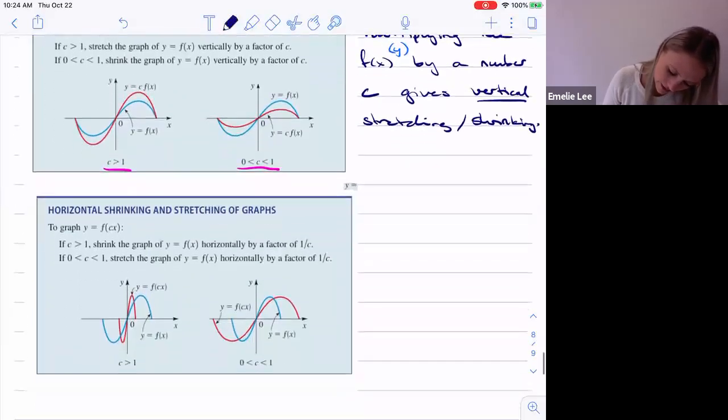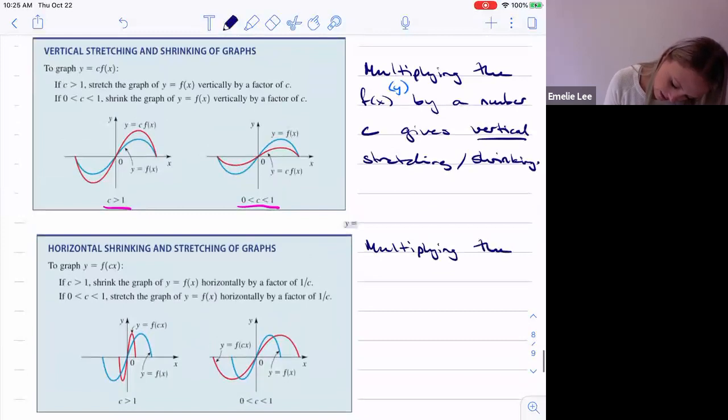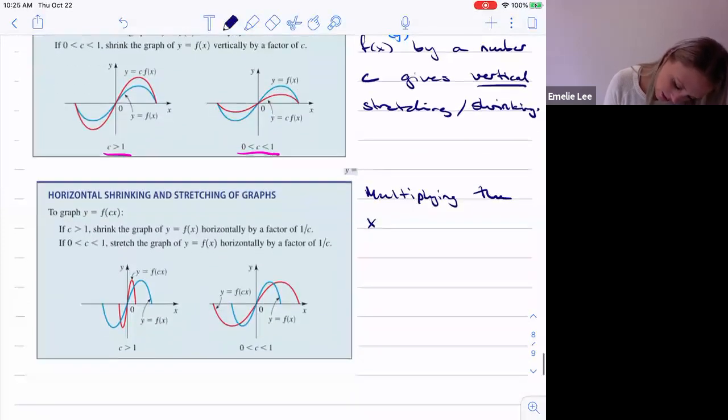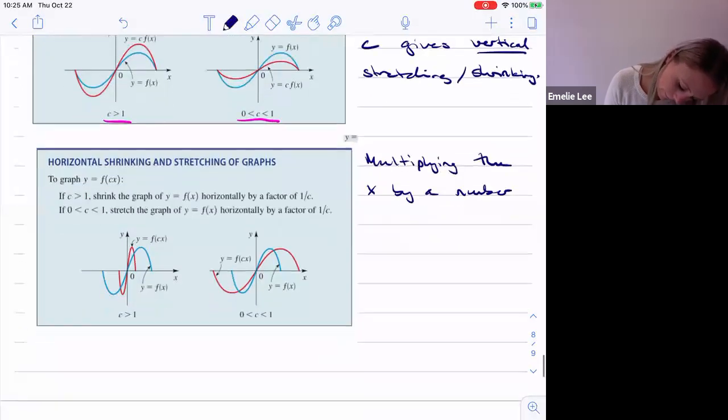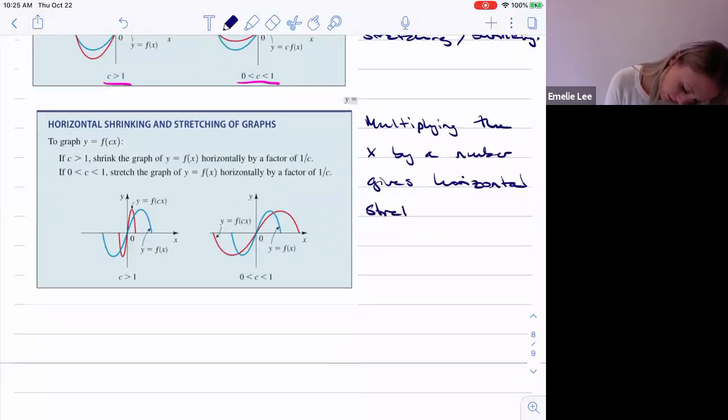So here, again, multiplying the x by a number gives horizontal stretching or shrinking.